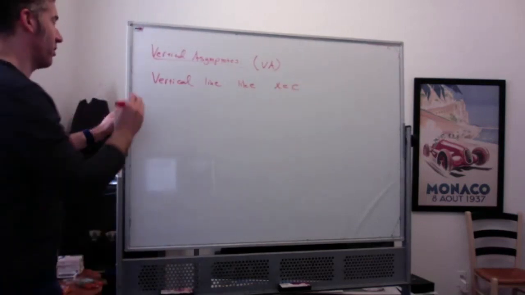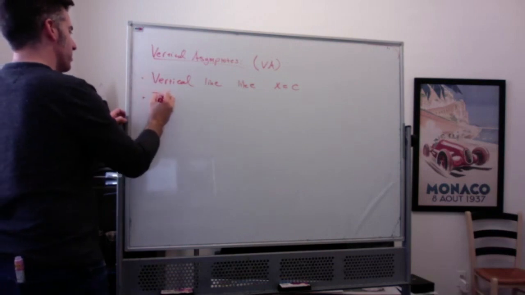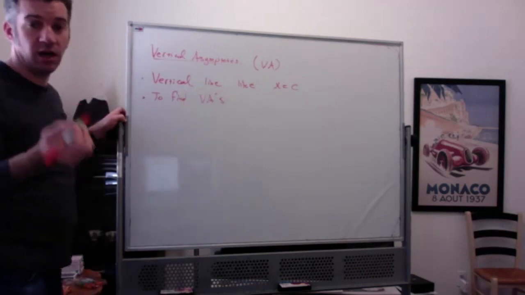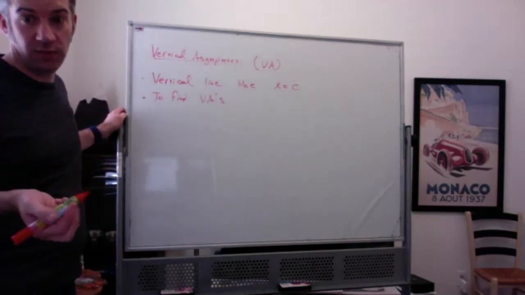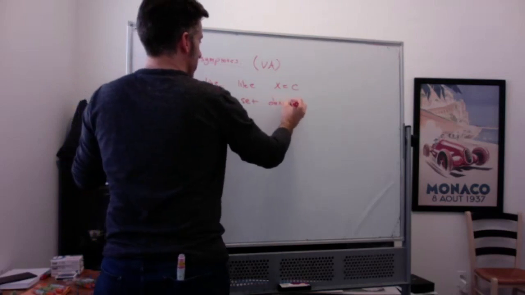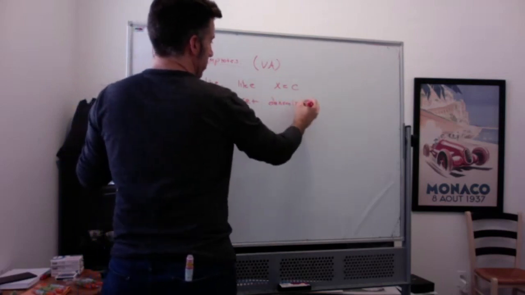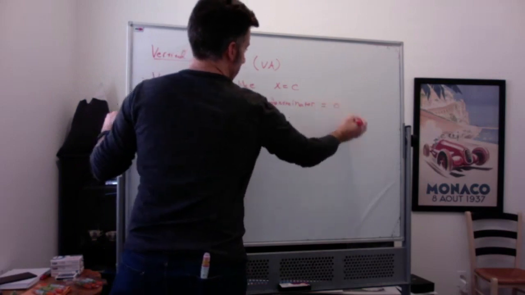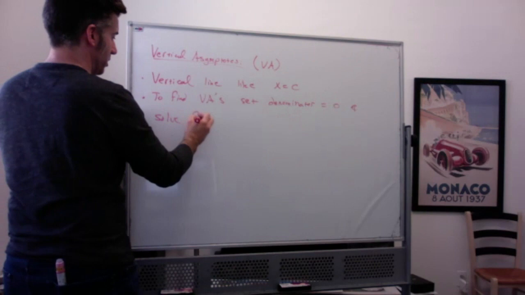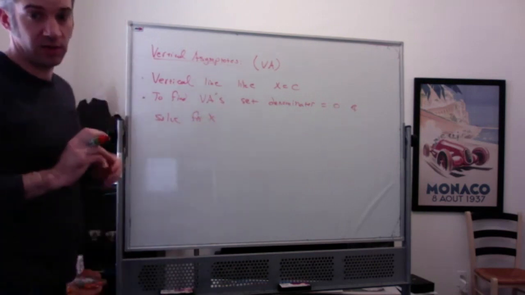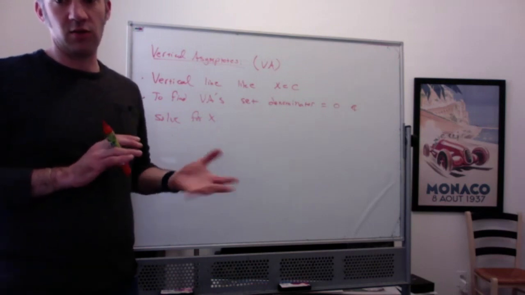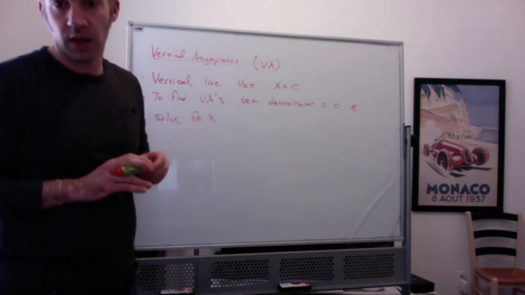When we find the vertical asymptotes, what we do is set the denominator of the expression equal to 0 and solve for x. Because vertical asymptotes essentially occur when the function is undefined in such a way that the denominator is 0 and the numerator is getting non-zero.